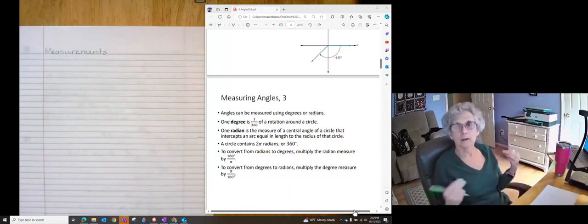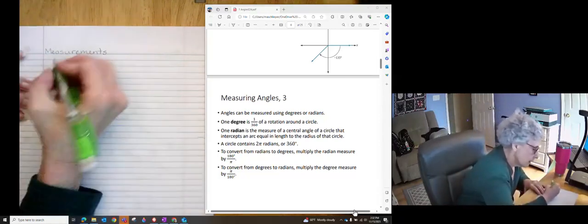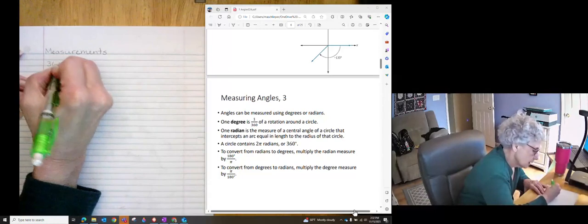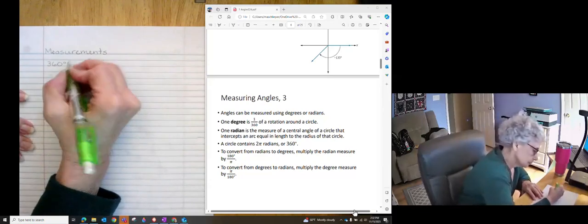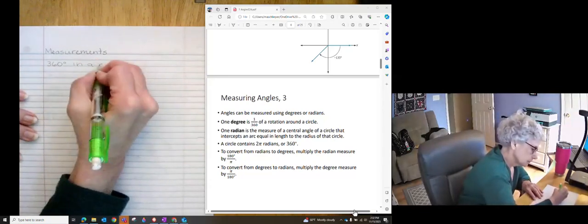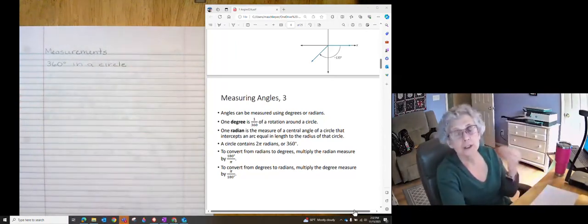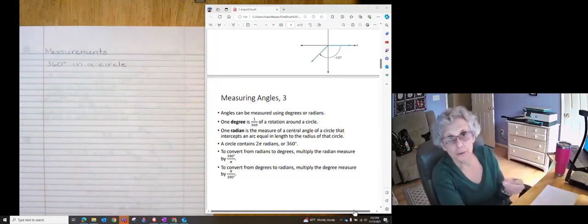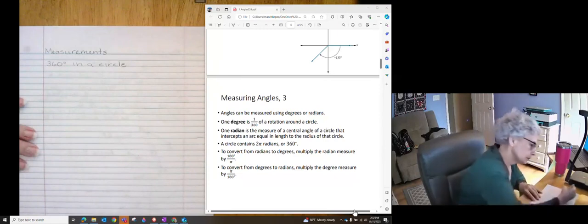We measure angles in two ways. We use degrees, and there are 360 degrees in a circle. So 1 degree is 1/360th of the rotation around a circle.